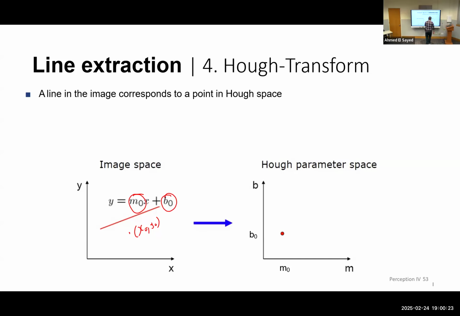So this point is the intersection of two lines. We agree that this line is described here, let's call this one y equals m1 x plus b1, and the other one y equals m2 x plus b2. We agree that the line here is represented with what? A point. So this is a point, and this is another point.